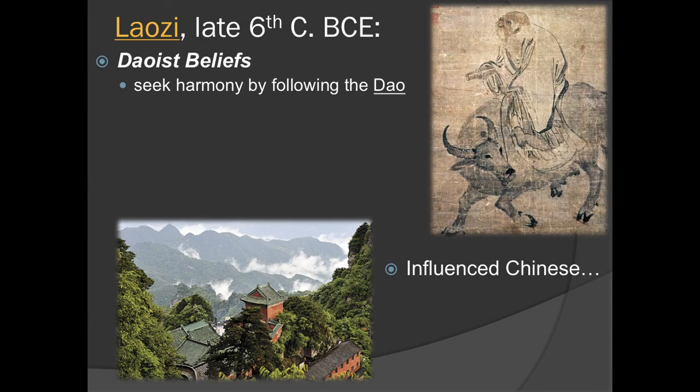What we need to do instead is focus on what is called Wu Wei, or effortless action. So by being inactive, we're actually being active. Let that sink in for a moment, all right?